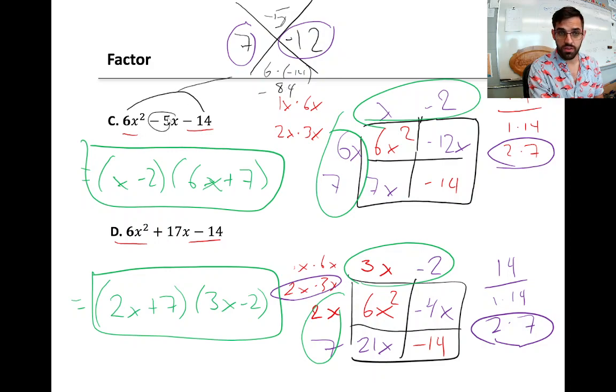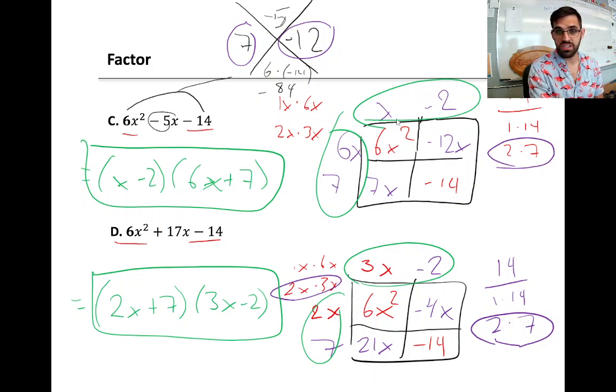And you take the middle term, negative 5, and we say, what two numbers multiply to be negative 84, but also add up to be negative 5? Well, 7 times negative 12 is negative 84, but 7 minus 12 is negative 5. So 7 and negative 12 are the numbers we're looking for.